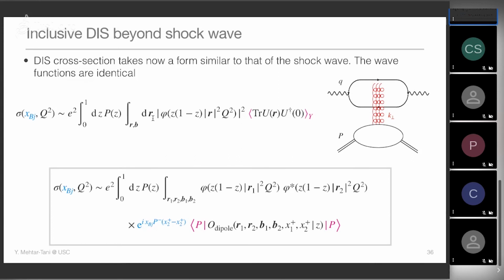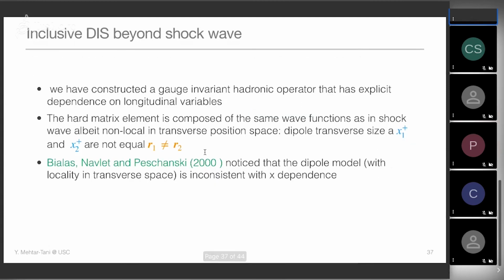So a similar factorization, except instead of having the dipole scattering amplitude here, you get this dipole operator that is non-local in transverse space and also in longitudinal space. The other important point is that you have the phase that gives you the dependence on Bjorken x. That's because we're treating the longitudinal variables correctly.